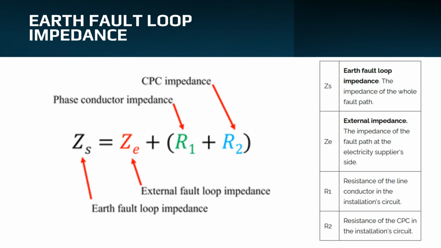Typical maximum Zs values: standards like BS 7671 provide tables of maximum Zs for different protective devices and circuit ratings. Example, for a 32 A Type B circuit breaker in a 230 volt TN system, the maximum Zs might be around 1.37 ohms to ensure disconnection within 0.4 seconds.